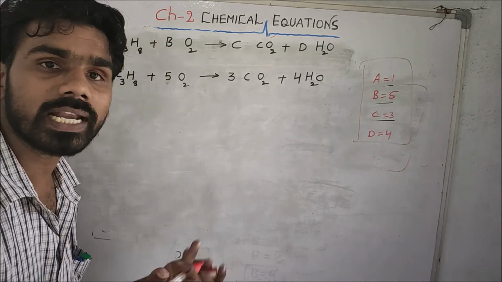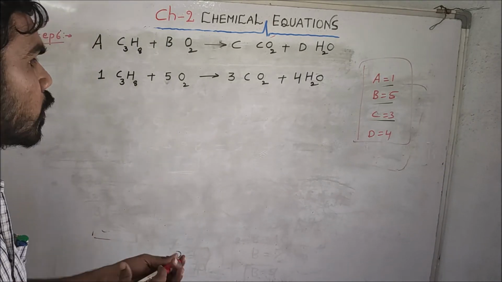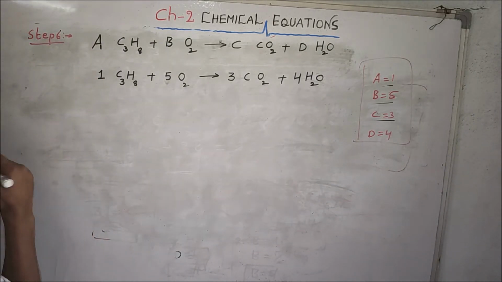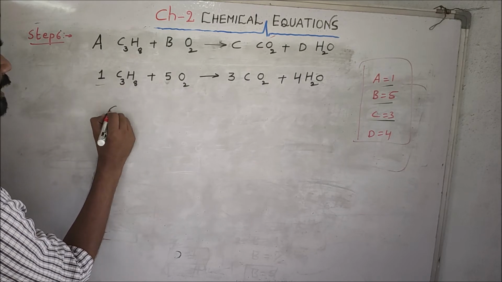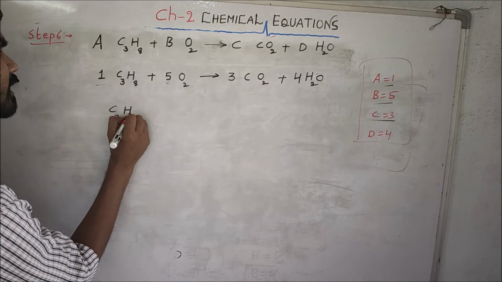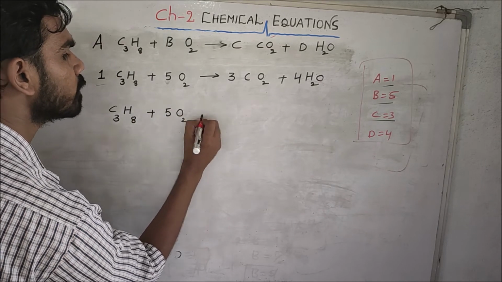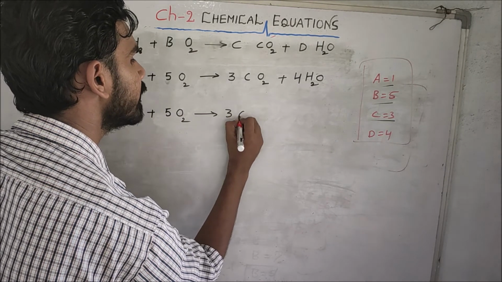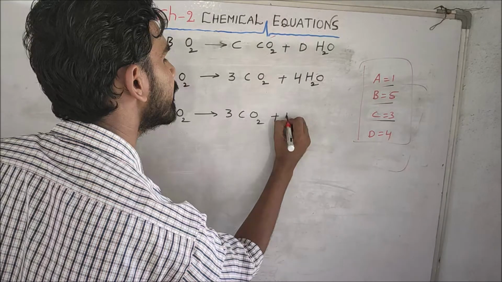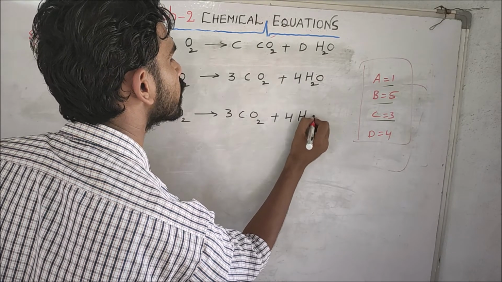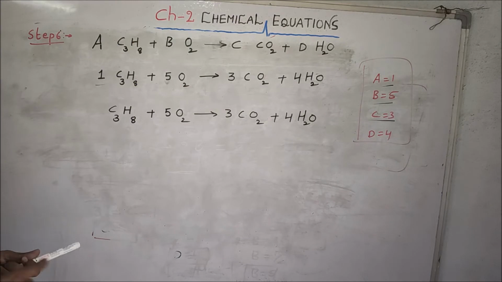But here we do not have any fraction, so no need of multiplying. But whenever 1 is there, neglect it. So the answer is C3H8, 5O2, 3CO2 plus 4H2O. This is the answer.